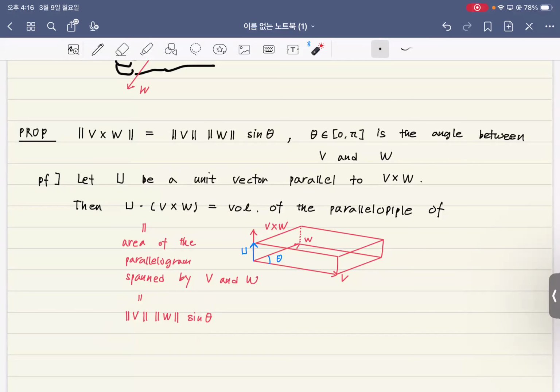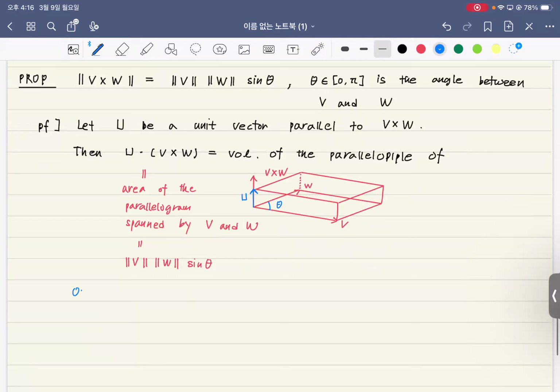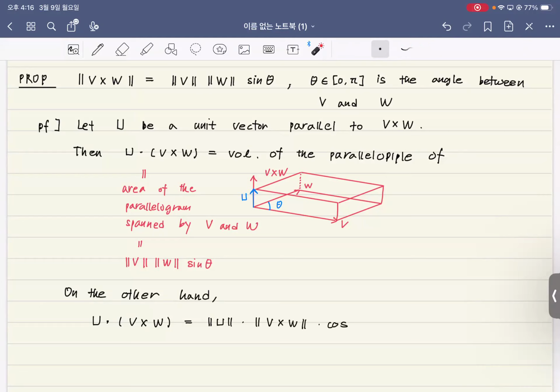Okay. And on the other hand, U dot V cross W, because of the theorem from the dot product, is the length of U times the length of V cross W times the cosine of the angle between these two vectors.